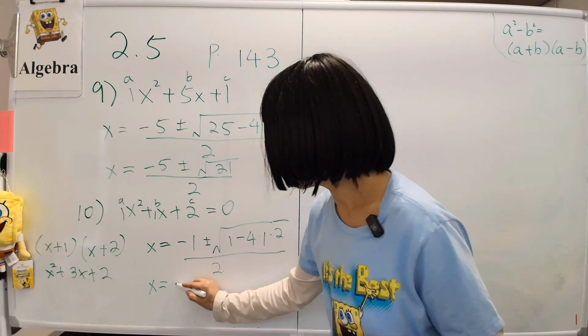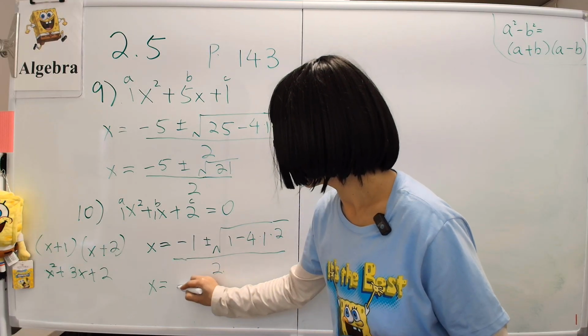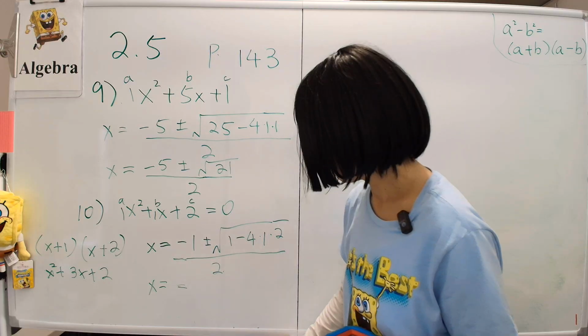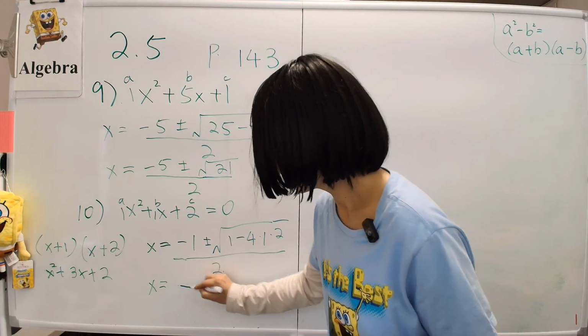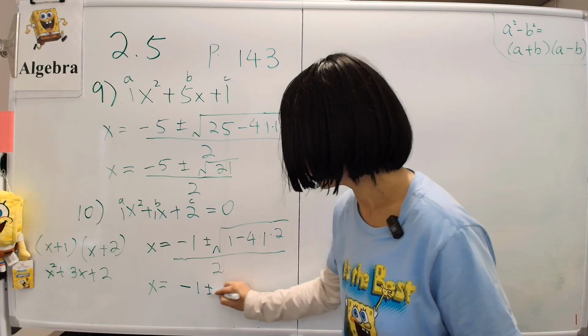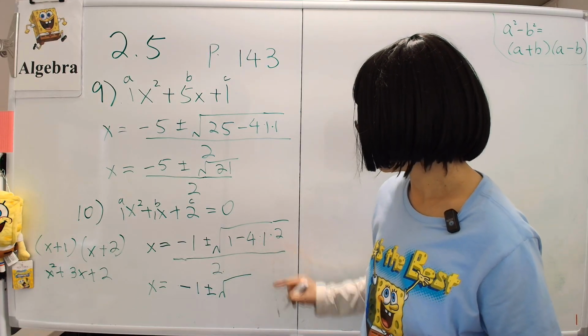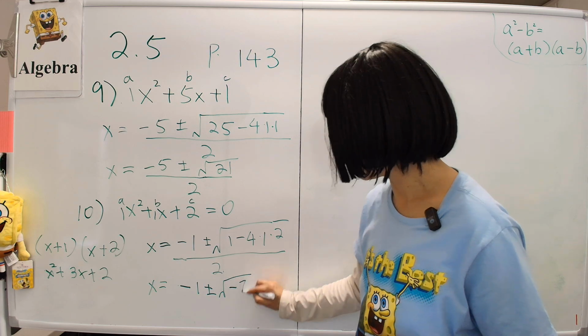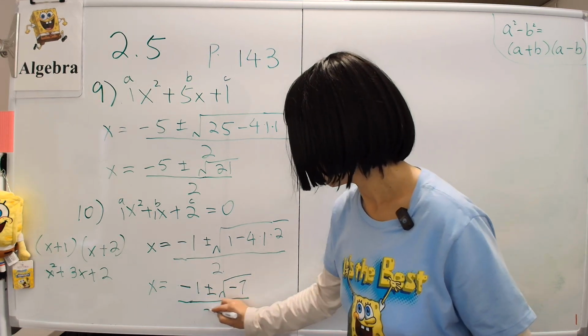And so that would be equal to minus 1 plus or minus the square root of 1 minus 4 times 2, which is 8, so that's negative 7, all over 2.